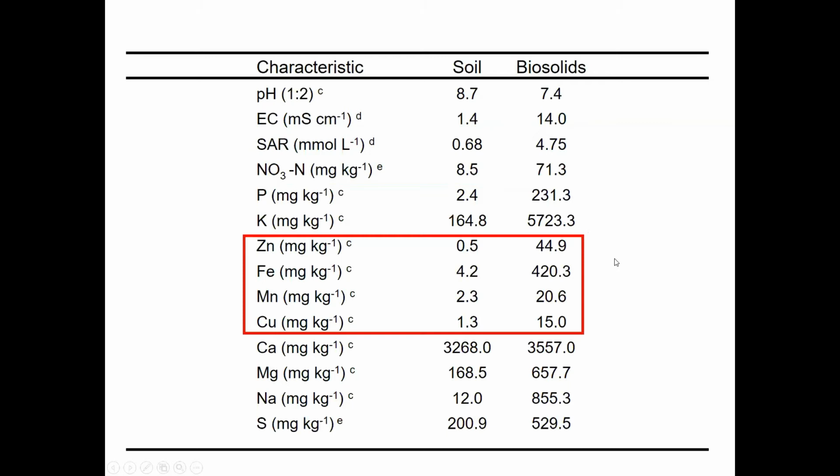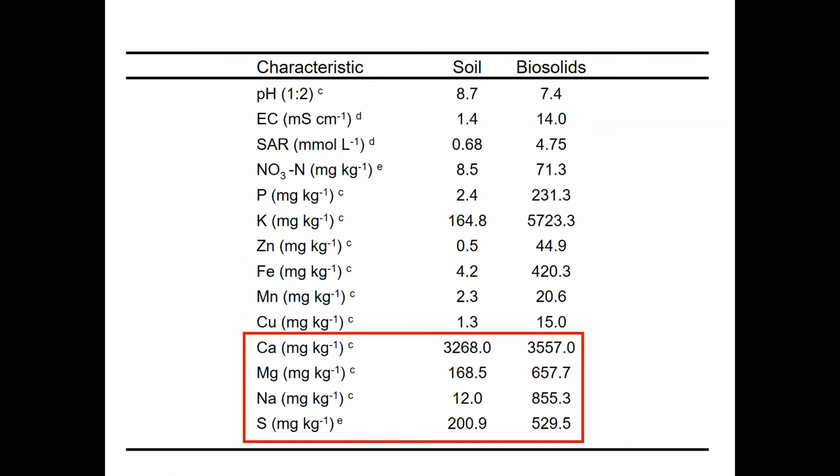All these micronutrients, zinc, iron, manganese, copper, the biosolids were all higher in these micronutrients. So my point is that this is a product that plants need, and it's been shown in our lab work that it has very high rates of these natural fertilizer elements in it.